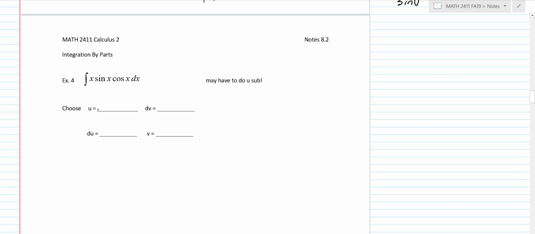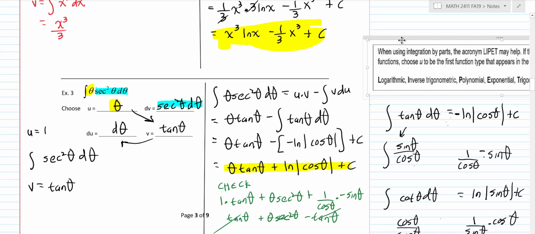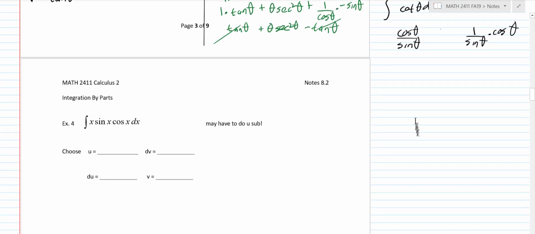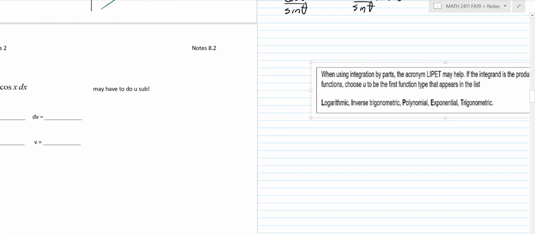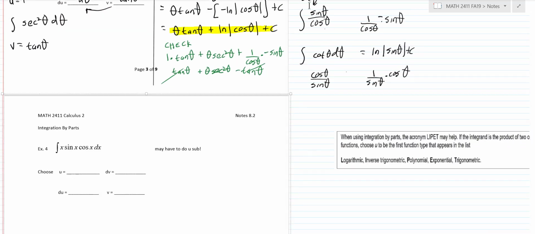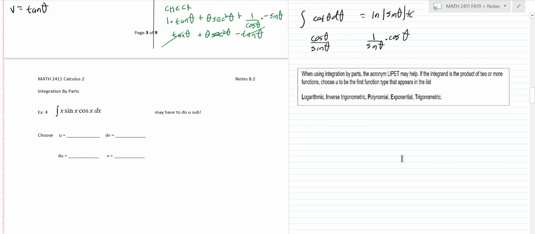So the way I'm going to do this one, if you look at that LIPET thing again, I'm just going to take a quick snapshot of this just to refer to. What happens on this trigonometric is we have trigonometric functions here. So what you want to think about is something easy to integrate for dv, something easy to differentiate for u. And it takes practice to do this, okay?